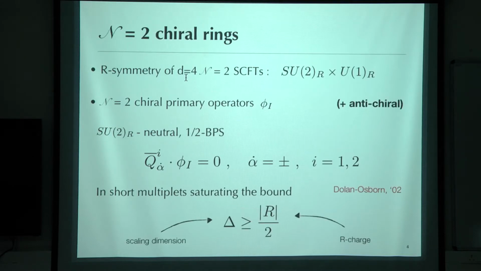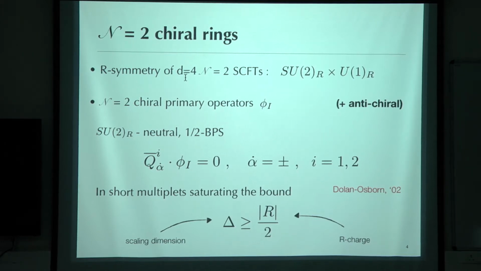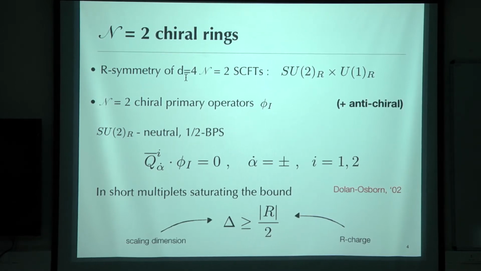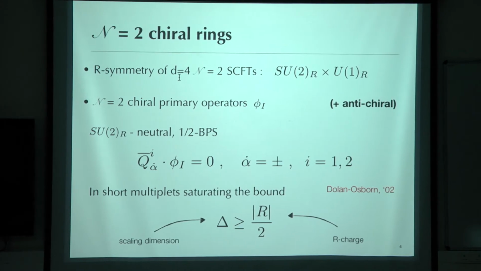So here are the operators that I want to consider. We have N=2 supersymmetry, so an immediate thing that we usually do is to look for physics on the N=2 chiral rings. 4-dimensional N=2 superconformal field theories have this R symmetry, SU(2) times U(1). And the operators that I want to consider have the following properties.